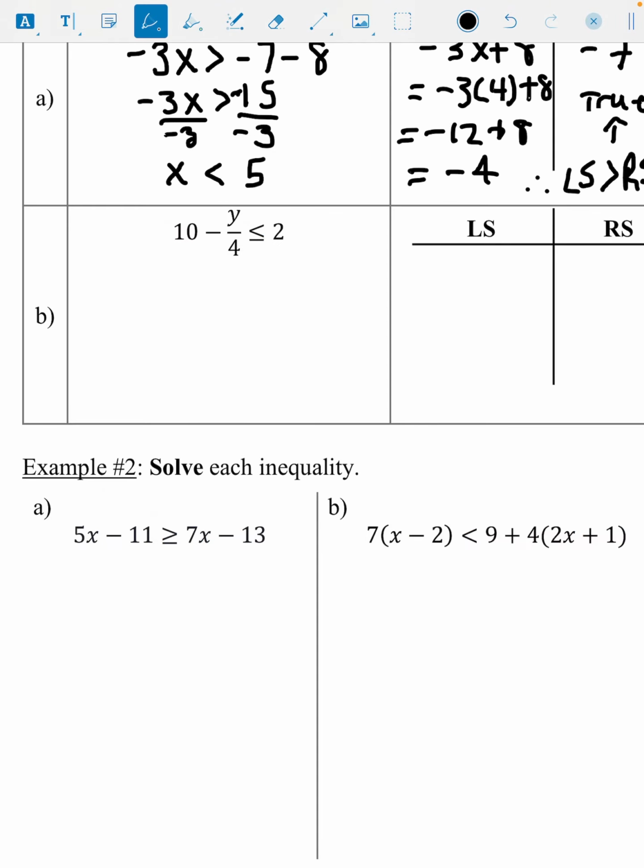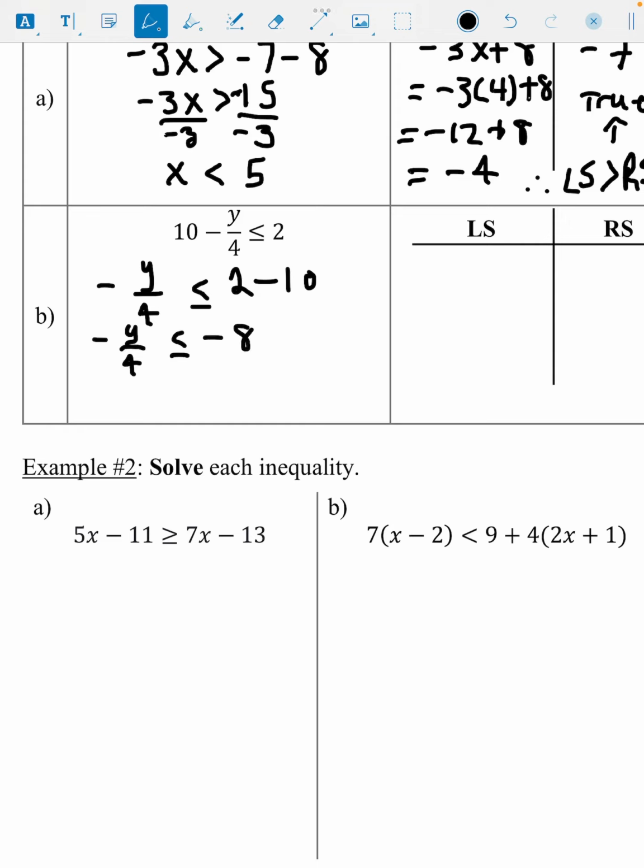We have that 10 minus y over 4 is less than or equal to 2. So we have that negative y over 4 is less than or equal to 2 minus 10, which means that negative y over 4 is less than or equal to negative 8.